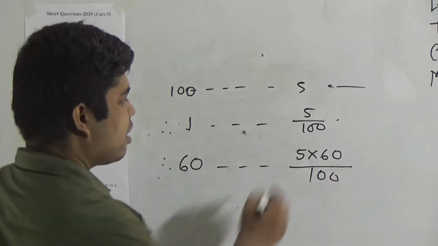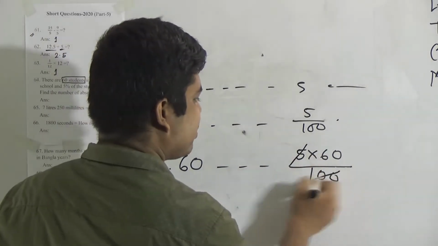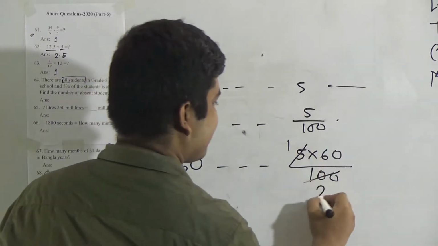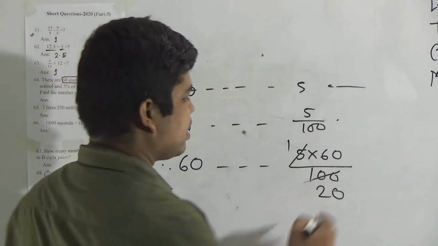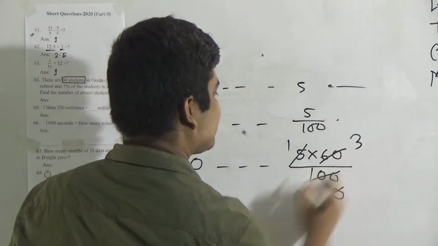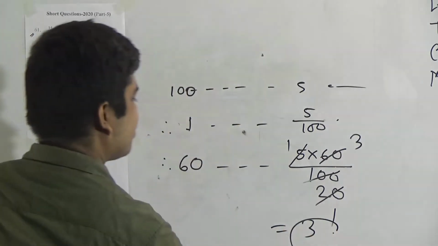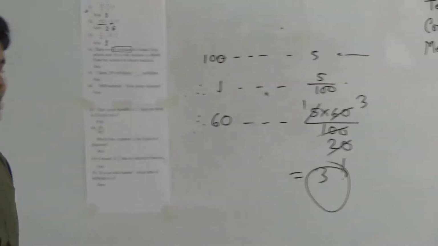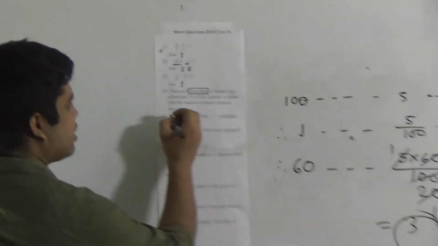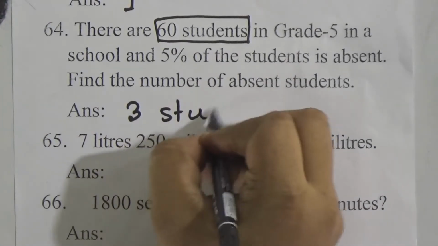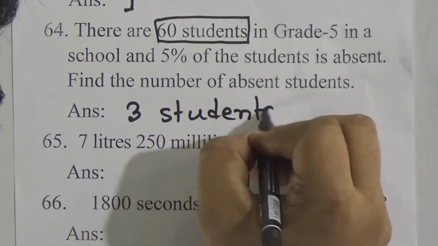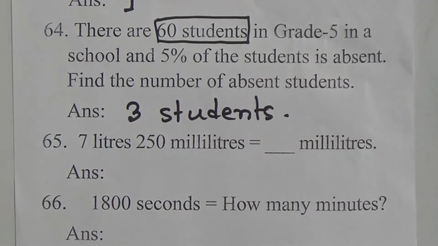Now we cut 5 and 100. 5 ones are 5 and 5 20s are 100. Now we cut this 20 and 60. 20 ones are 20, 20 3s are 60. That means 3. So this 3 is the required answer. That means 3 students are absent out of 60 students. I hope you have understood, dear students. Next on 65.